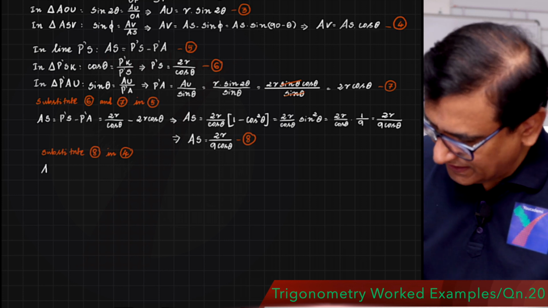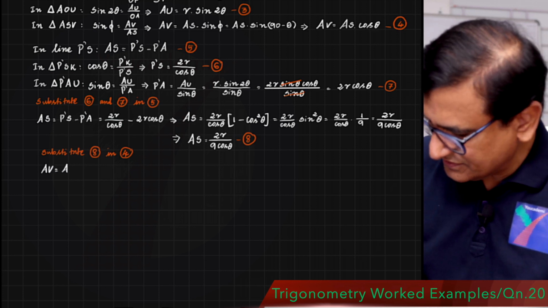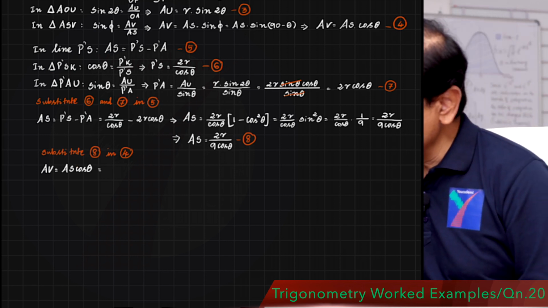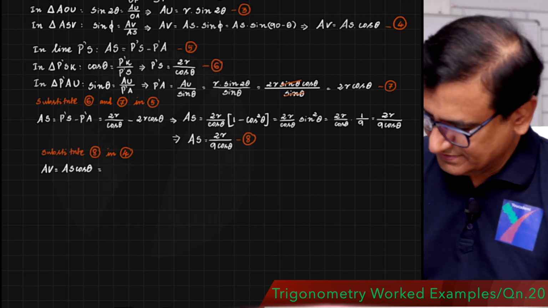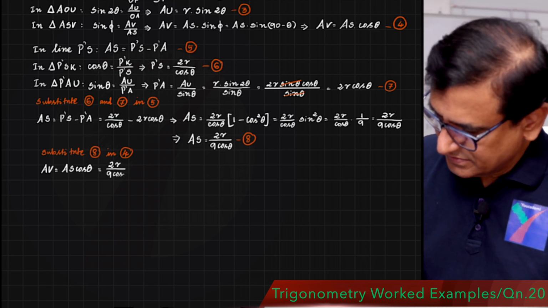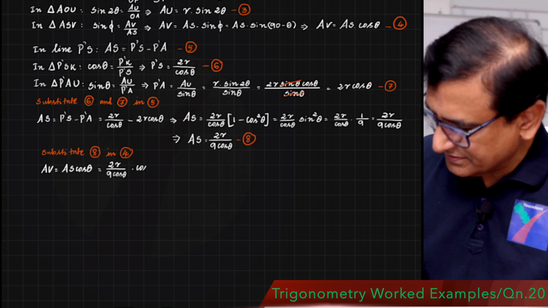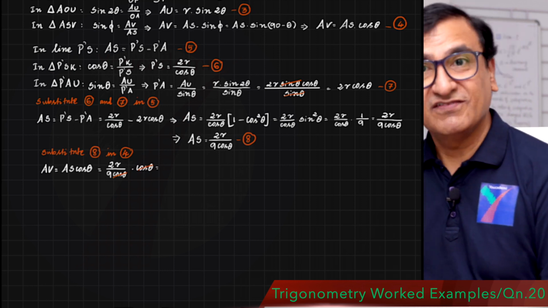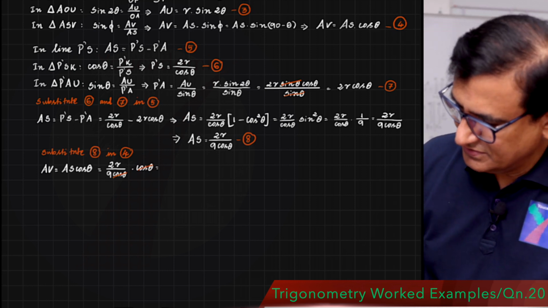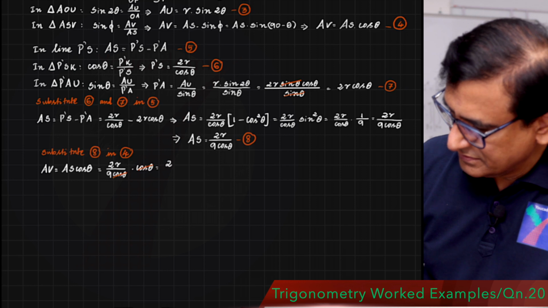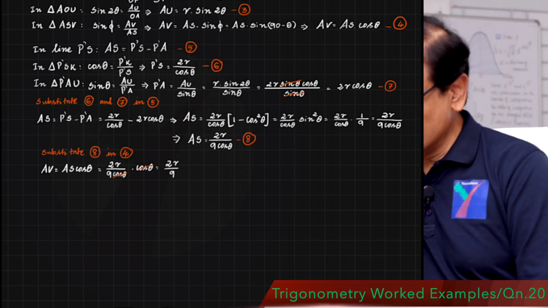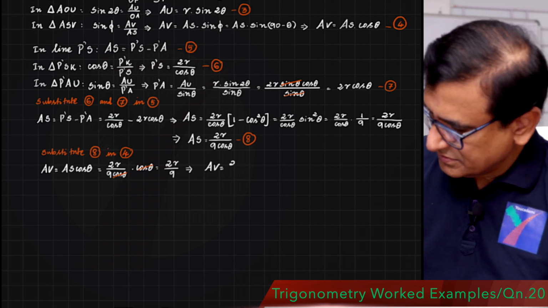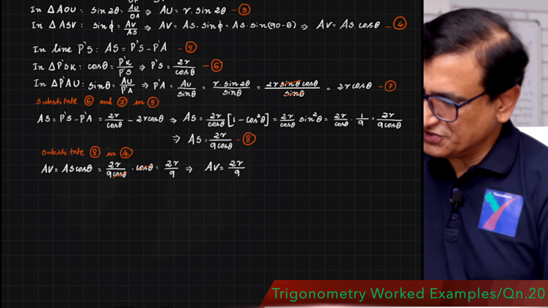We have equation 4, AV equals AS cos theta, and AS is 2r divided by 9 cos theta multiplied by cos theta. So cos theta gets cancelled. So we have 2r divided by 9. Therefore, AV equals 2r divided by 9. Let me call this as equation 9.